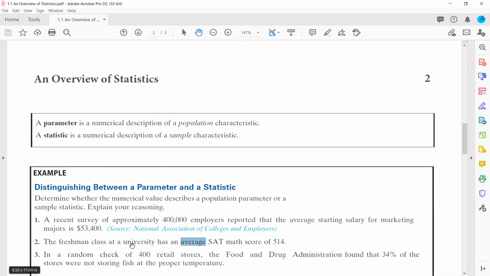The freshman class at the university has an average SAT math score of 514. We don't see any keyword related to a sample. We don't have anything like a survey or a sub-collection, a proportion. It says you have a class, and in that class, the average is 514. You have the entire class.